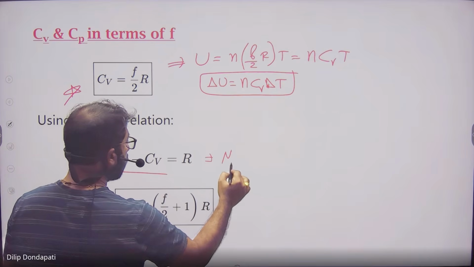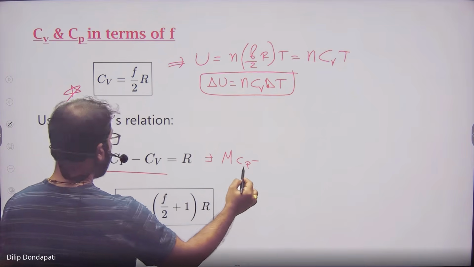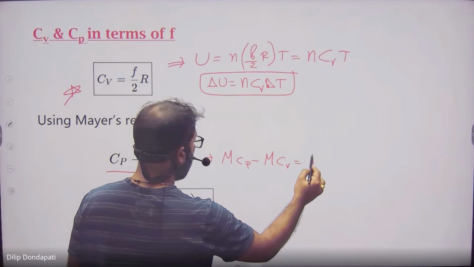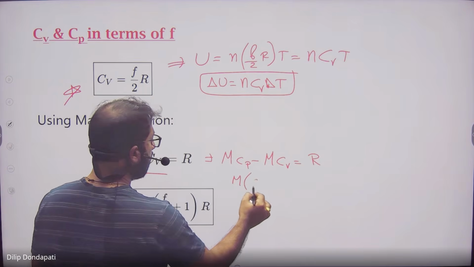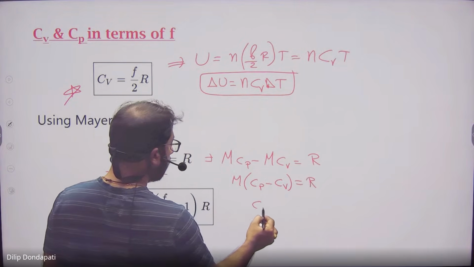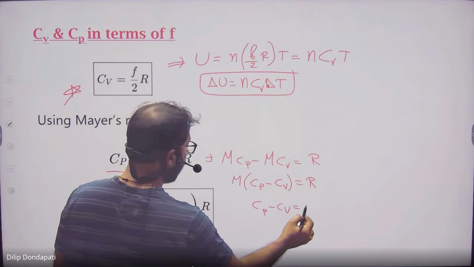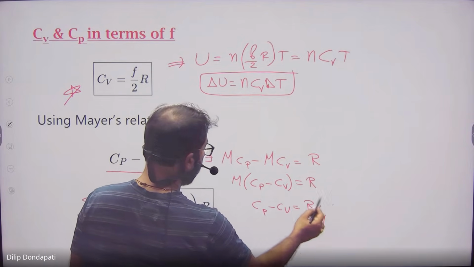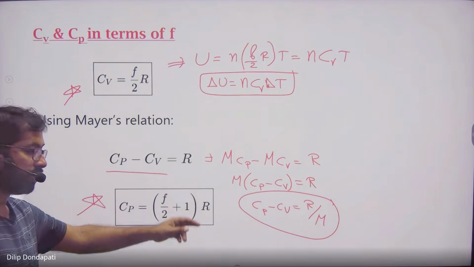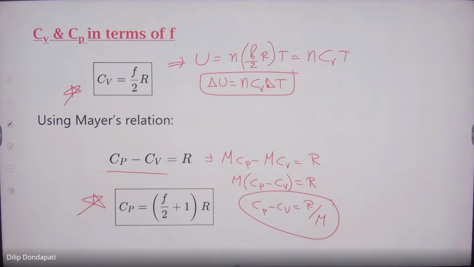M times small cp minus m times small cv is equal to R. So taking m common, cp minus cv is equal to R by m. This is the mass-based one, which you learned in thermal properties of matter.